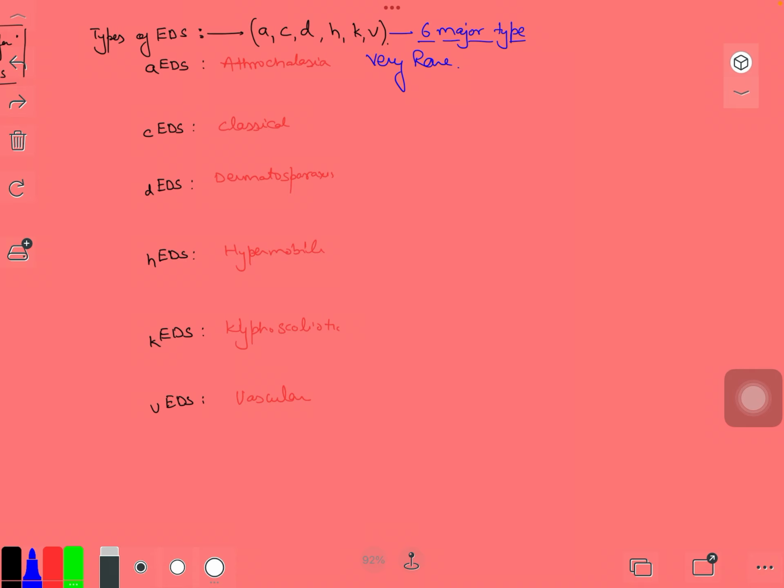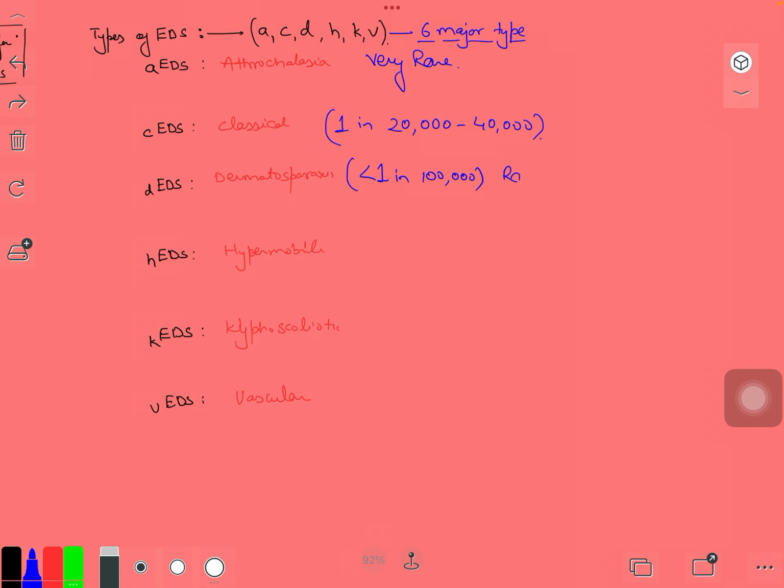So first one was achondroplasia EDS. It is extremely rare. Then is C. C is roughly around 1 in 20,000 to about 40,000. This one is the classical type. Then the D type is less than 1 in about 100,000.